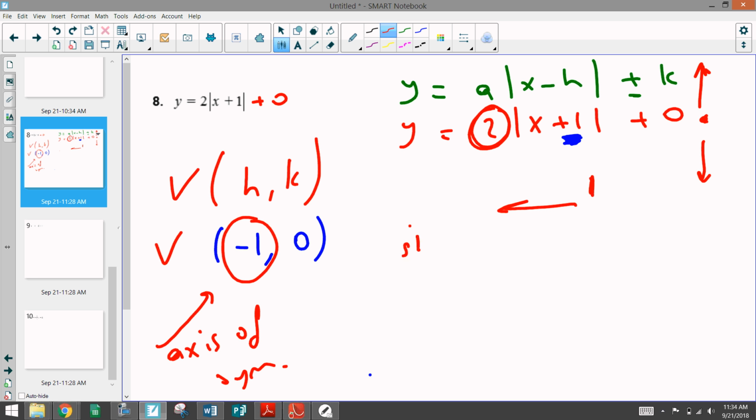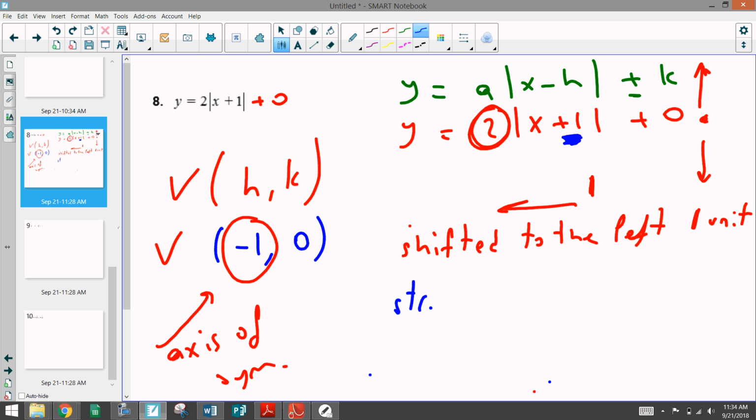Shift to the left one unit. Stretched by the factor of 2.